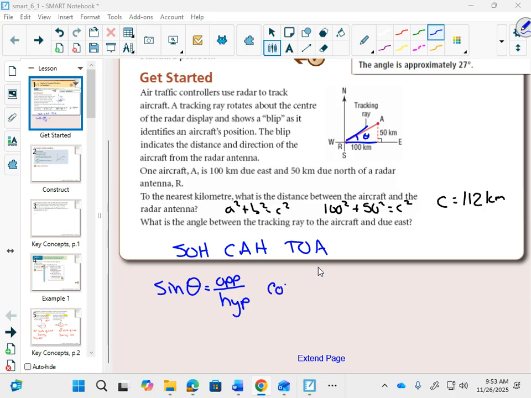The cosine ratio is the adjacent side, and adjacent means right next to, over the hypotenuse. Sine, cosine, tangent. It's just a quick way to remember all of them. And tan is the opposite side over the adjacent side. So we use the first letters, and we do SOHCAHTOA.